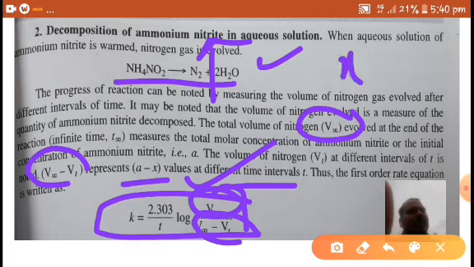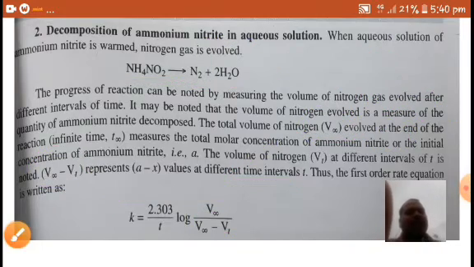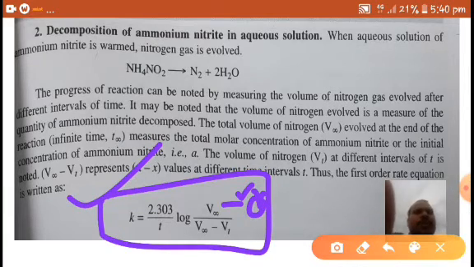For a we are substituting V infinity minus V0, over V infinity minus Vt. It is another form of the equation for the rate constant of first order reactions.